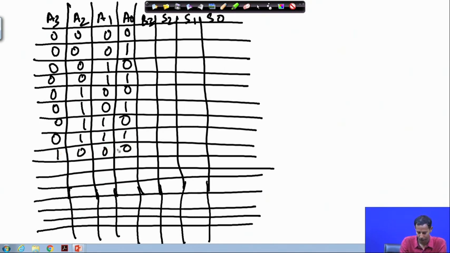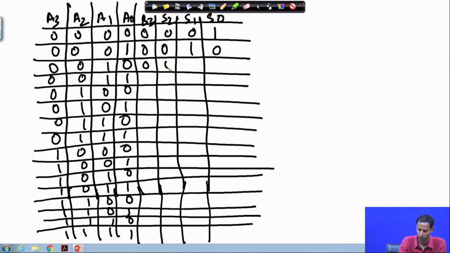First let me draw this once, then I will explain. Then this one is 1 1 1 0 and 1 1 1 1.